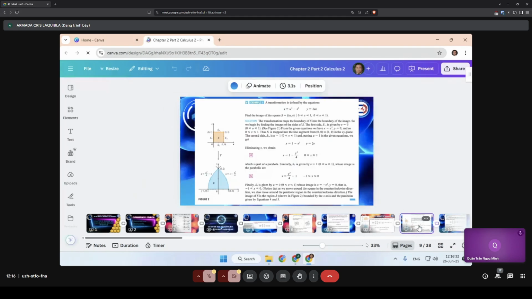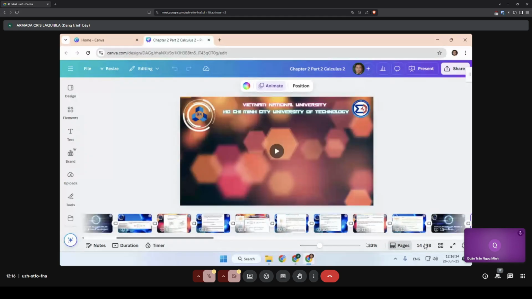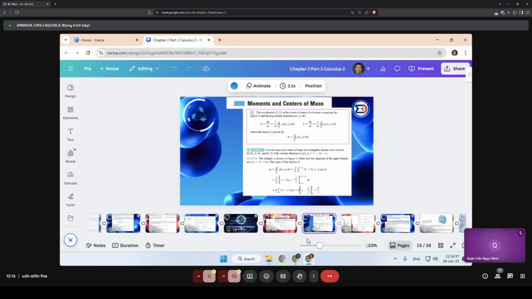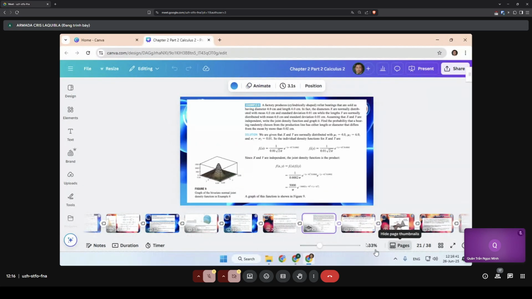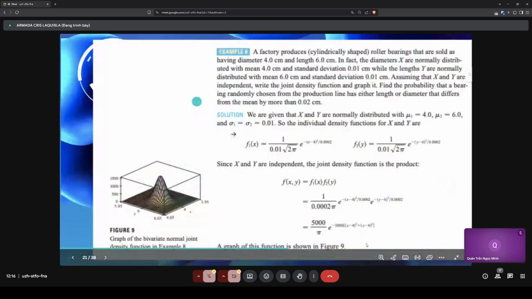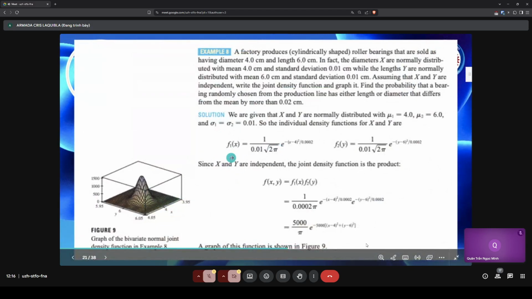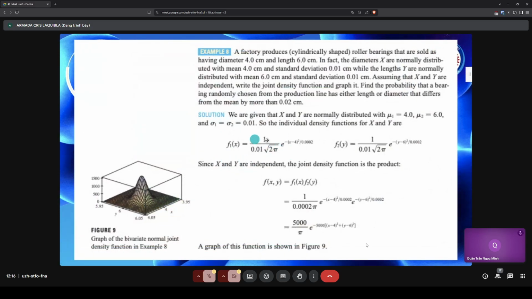So the way it is solved, class, it looks like the mass of the lamina. So it's here. This is your f1(x), and then 1 over sigma 1 square root of 2 pi, and then e to the negative (x minus mu 1) squared over 2 sigma 1 squared.